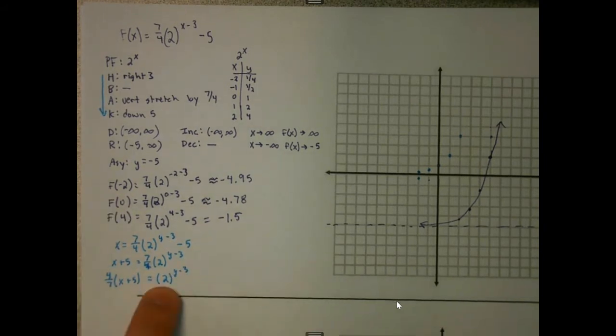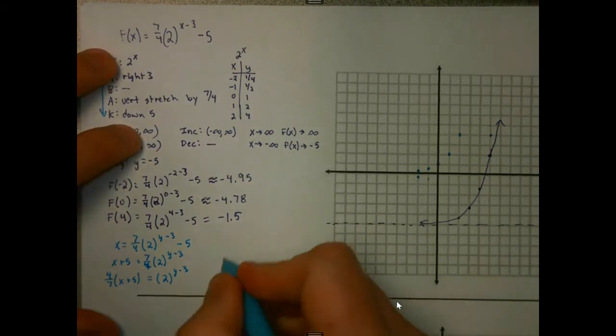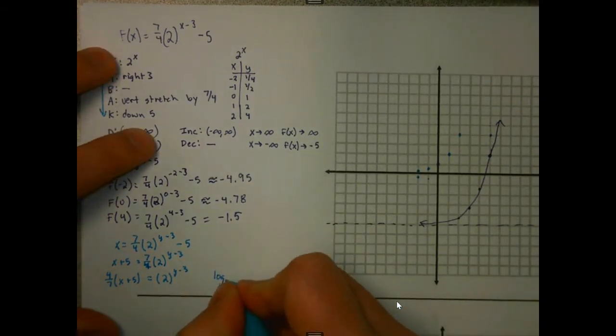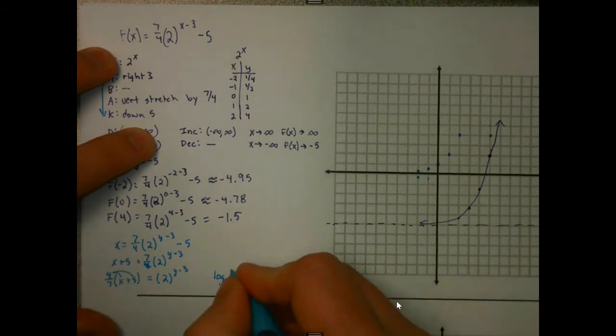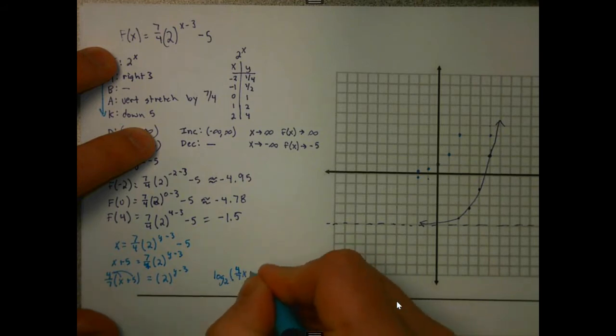Now I have to get it out of exponential. So in order to get it out of exponential, we put it into logarithmic, which is just using the definition and rewriting it. So we would have log base 2, and we can distribute this as well, of 4/7 x plus 20/7.